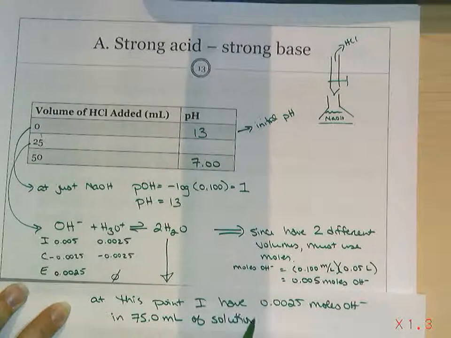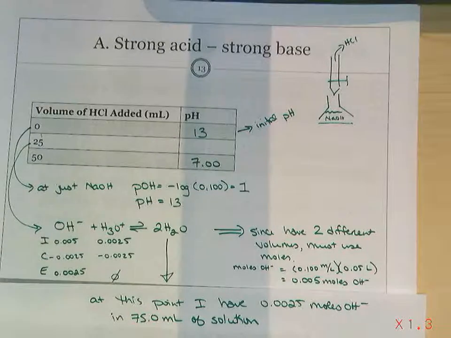At this point, the equilibrium point, you have 0.0025 moles of hydroxide and a total volume of 75 milliliters, right? Because you had 50 of one, 25 of the other. So my new volume is 75.